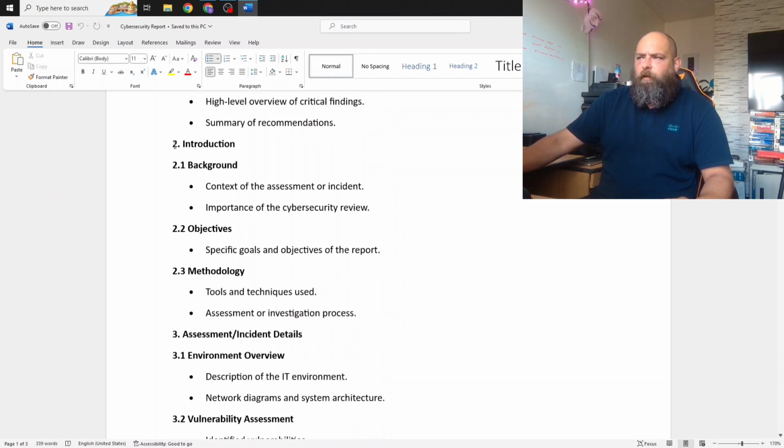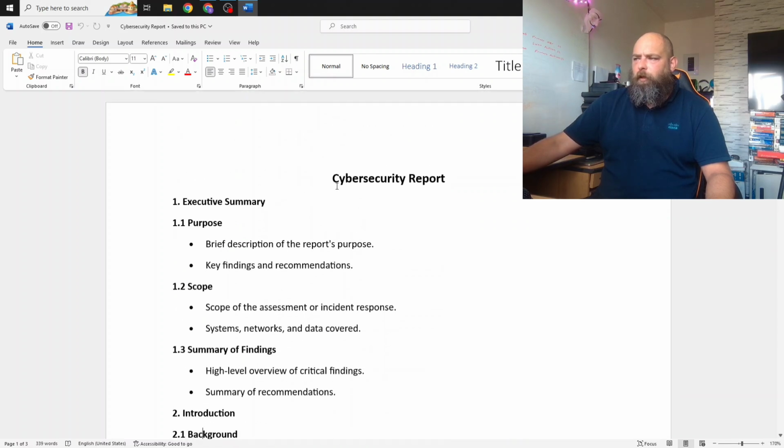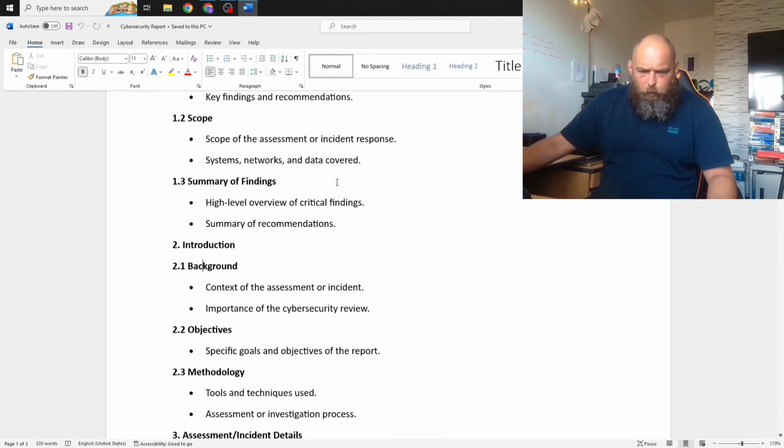Section 2 would be the introduction, so 2.1 pretty much is our background, which would be a context of the assessment or incident, the importance of the cybersecurity review, and that would also be featured within pen test reports as well.